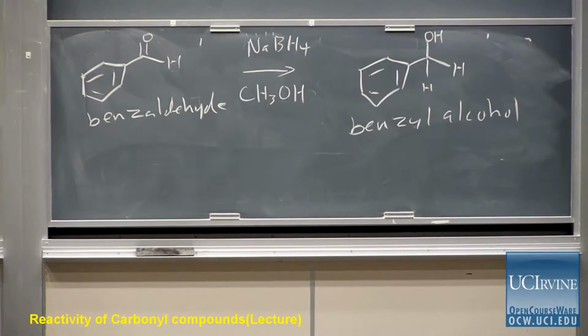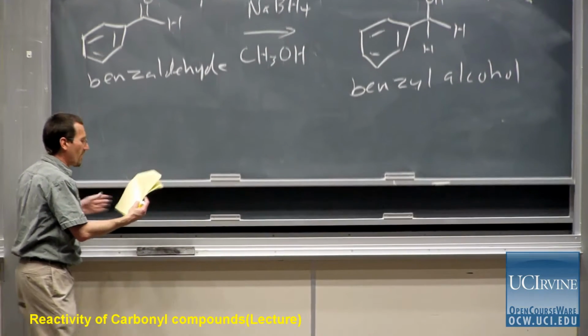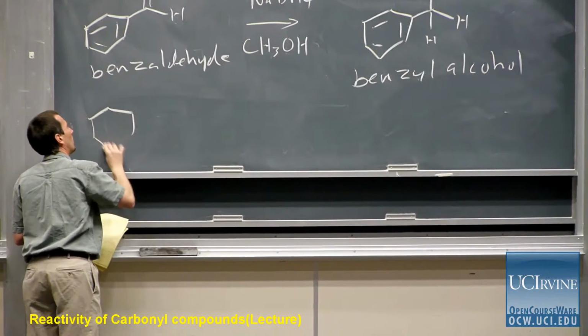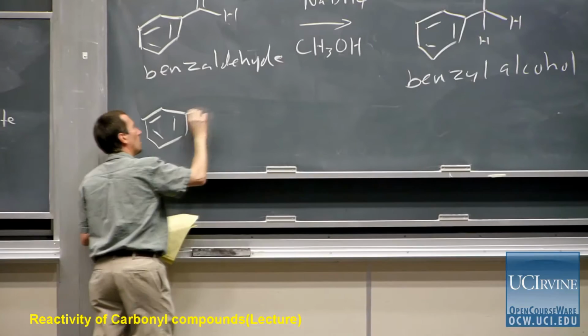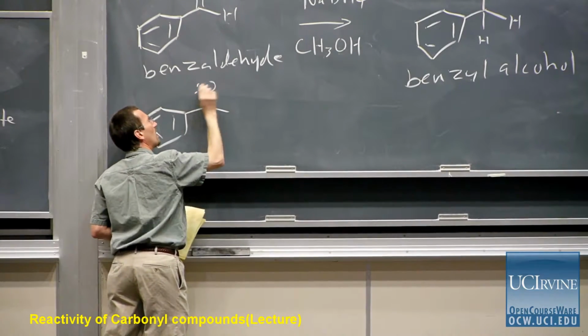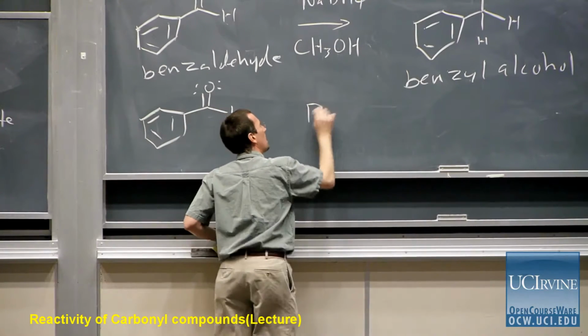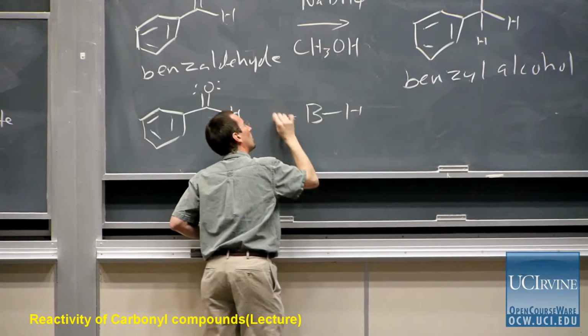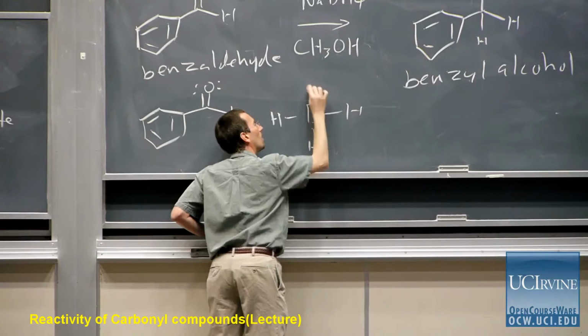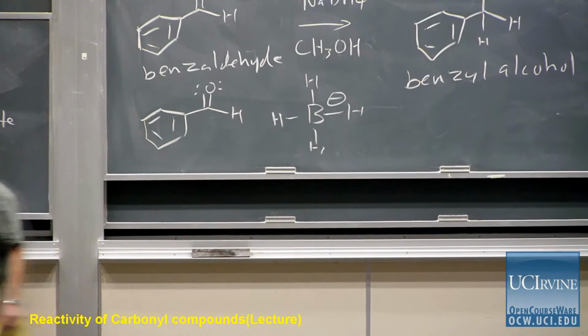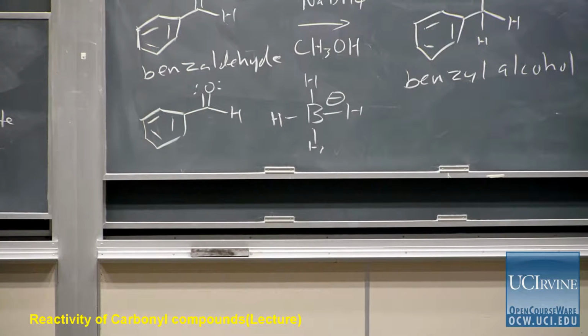And we can think of this reaction occurring very much like the other reaction has occurred. And so here's our aldehyde. Here's our borohydride anion. And the boron-hydrogen bond is polarized.